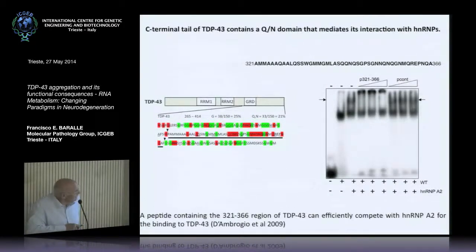A scrambled peptide doesn't have any effect. What was funny was not only that this A2 TDP-43 complex was disrupted and disappeared, but that there was an accumulation of heavy material at the origin of the gel. We thought this could be aggregates of some sort.